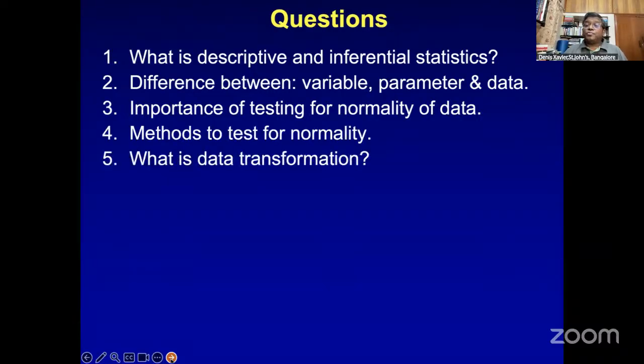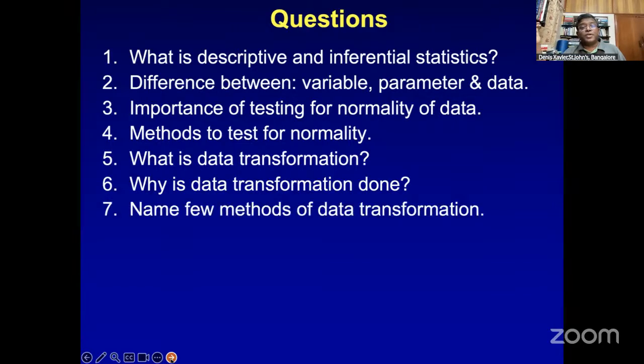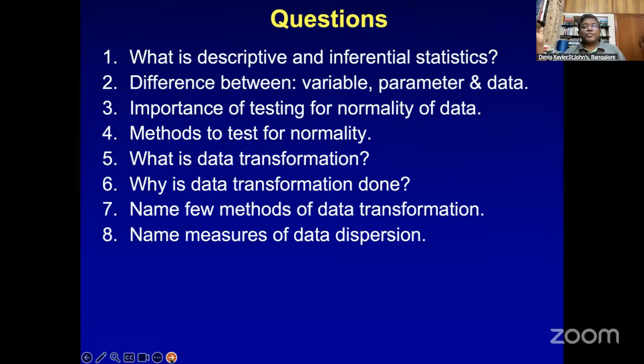Data transformation. That's interesting. It's not data manipulation, it's data transformation. Two very, very different things. What is data transformation, and why is it done? And a few methods of data transformation. What is dispersion? What is a p-value?